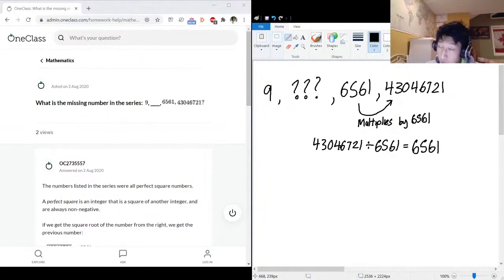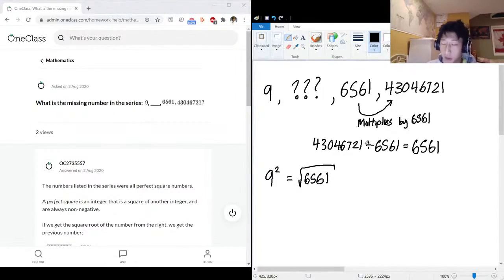Is that the case? Well, let's find out if the actual rule is that the current term is the previous term multiplied by itself. If that was the case, 9 squared would be equal to the square root of 6,561. Because going forwards in the pattern, we're multiplying by itself, and to go backwards, we'll do the opposite, which is taking the square root.